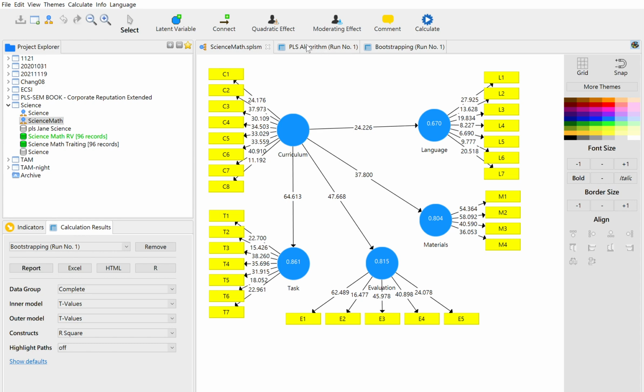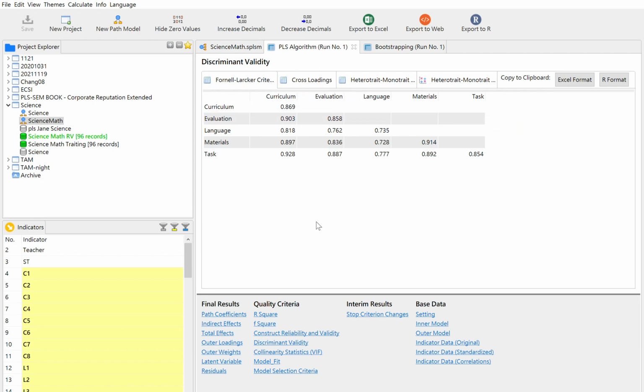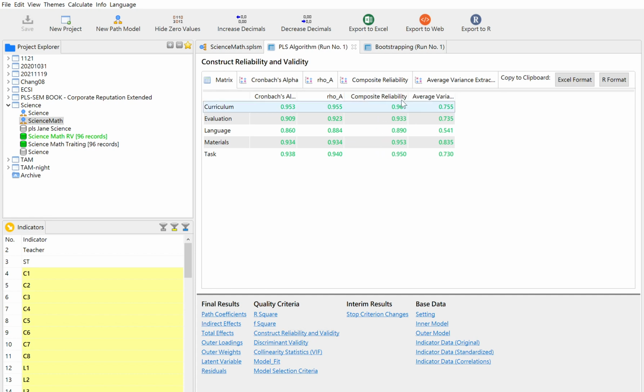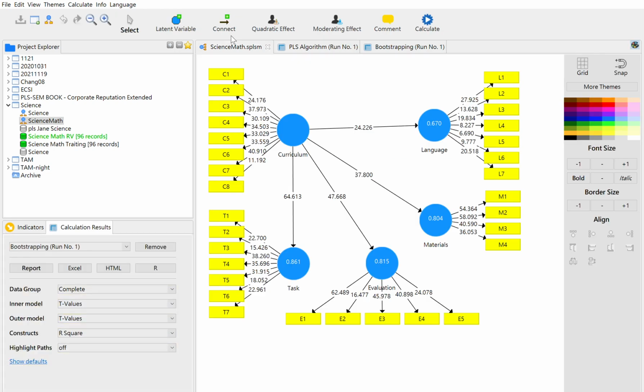And so I might need to fix the problem of this composite reliability being too large. So I'm gonna skip.